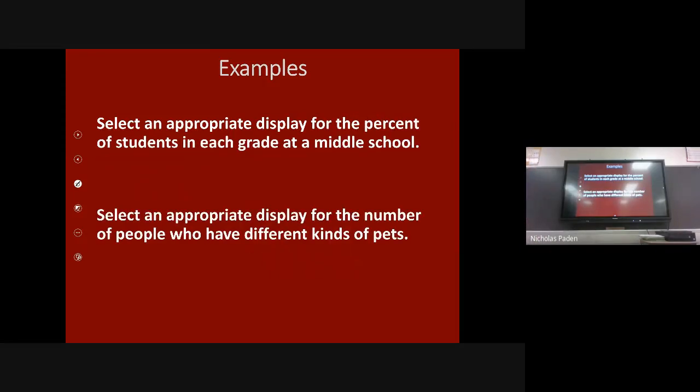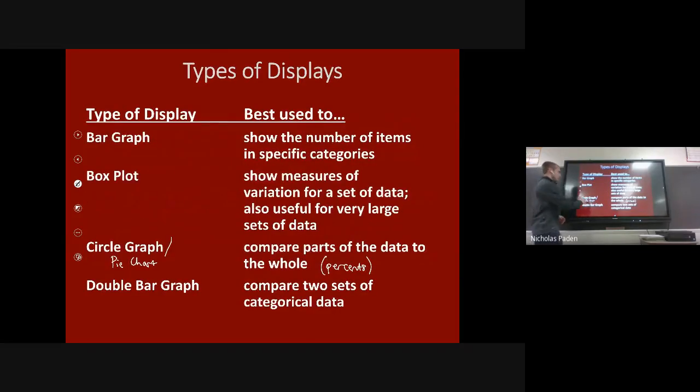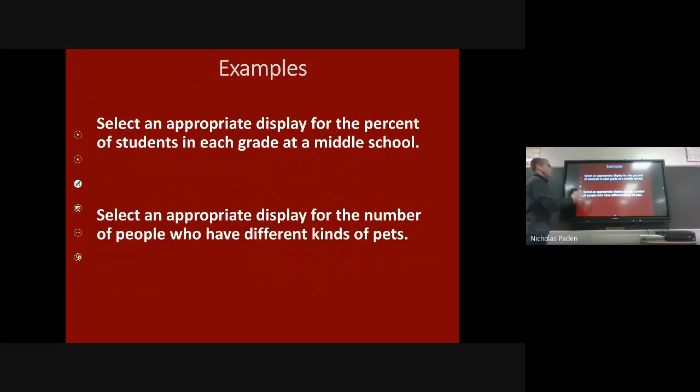The next one, select an appropriate display for the percent of students in each grade at a middle school. Well, when it talks about percents, we said that a circle graph or a pie chart would be great for percents because you are comparing how many in each grade part to the entire school. So a circle graph.